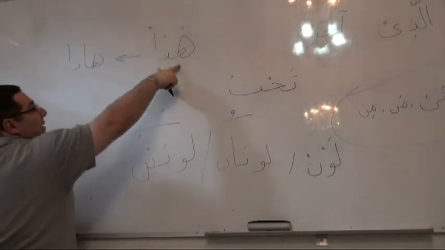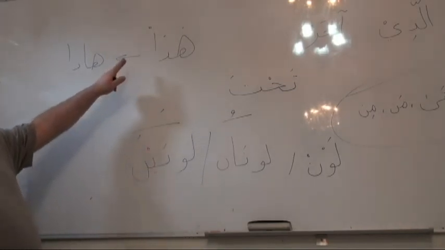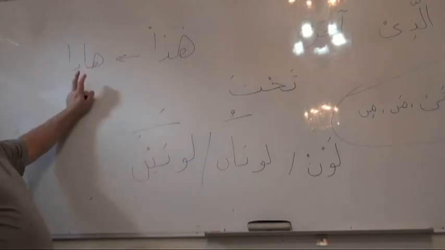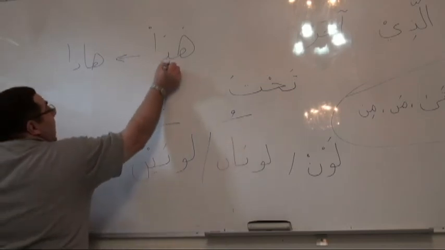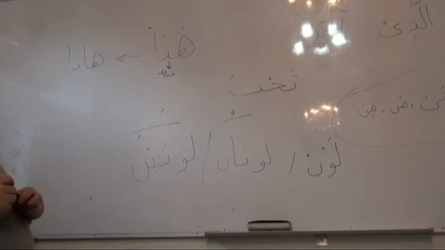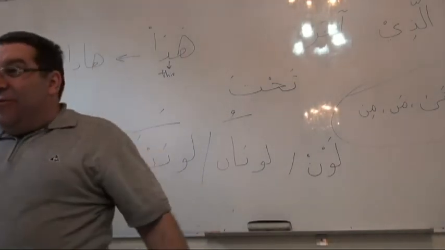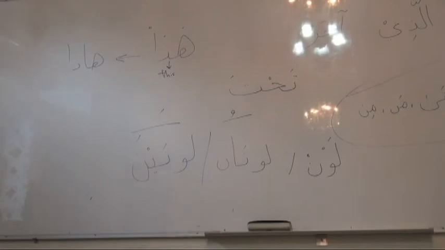We write it like this, no need to ask why, because there is no answer. Okay, so we write it like this, but we still pronounce it as it should be. Hada. Hada means this, for singular, masculine.